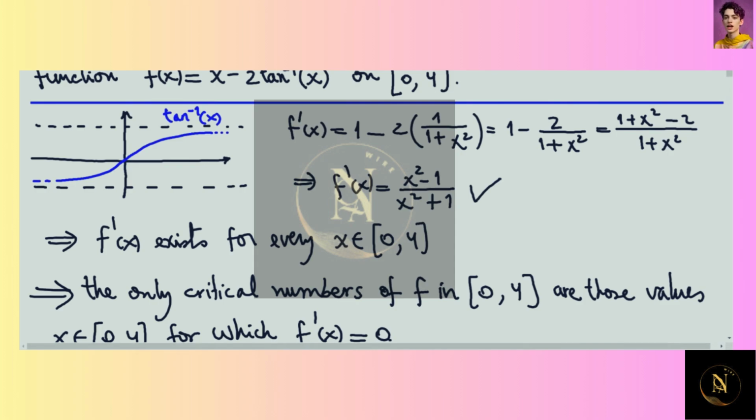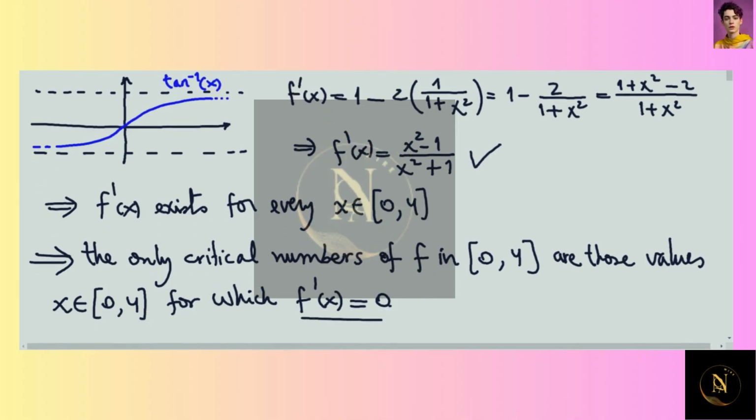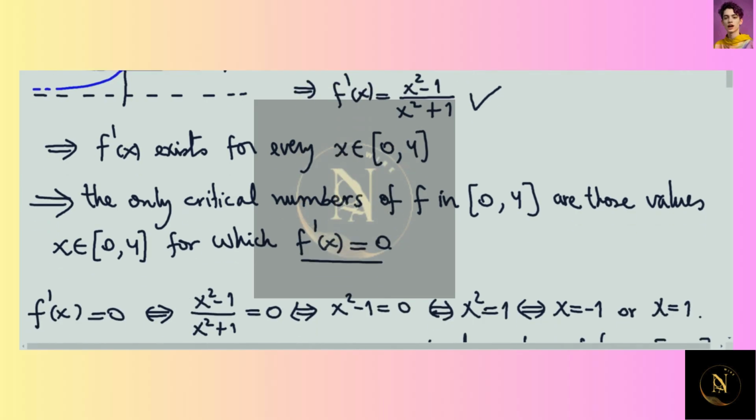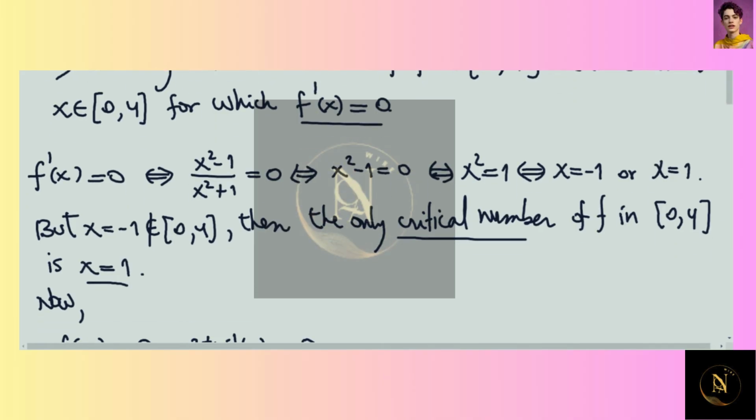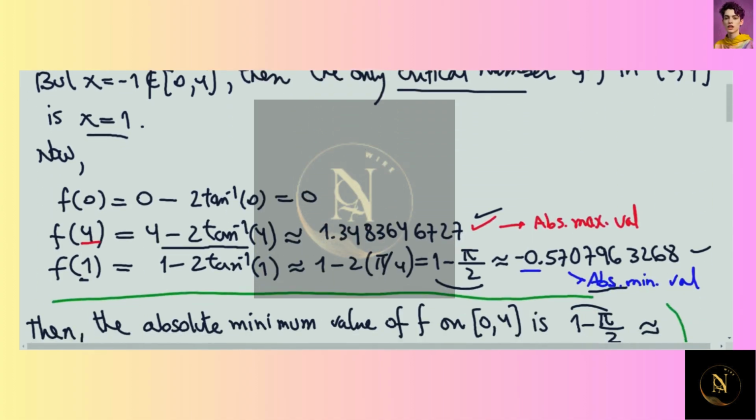We saw that it exists for every x in the interval [0, 4], and for that reason the only critical numbers of the function in the interval are those values of x for which the first derivative is 0. We stated that equation, and there are two solutions, negative 1 and 1, but x equal negative 1 is not in the interval [0, 4], so the only critical number of the function f within the interval is x equal 1.